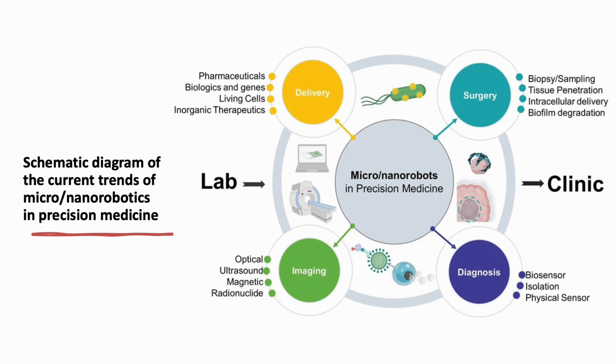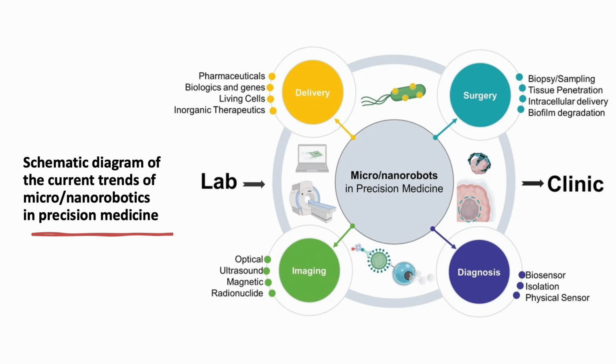Now, for the lab, for example, you can see on the top left side of the picture on the slide the delivery of drugs. So here we can look into the delivery of pharmaceuticals, biologics, and delivery of genes, if ethically acceptable and safe.